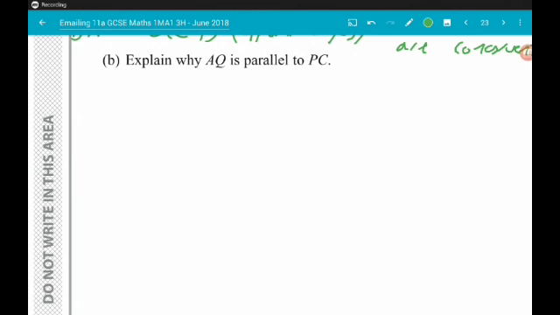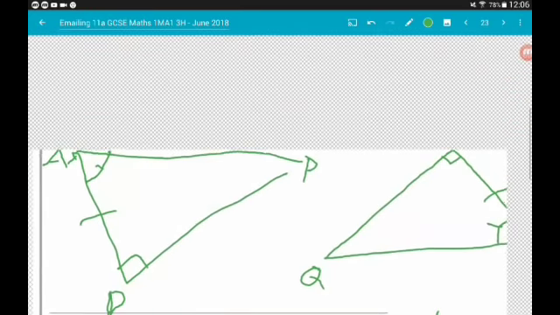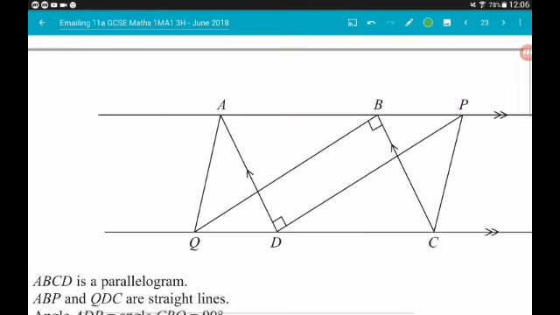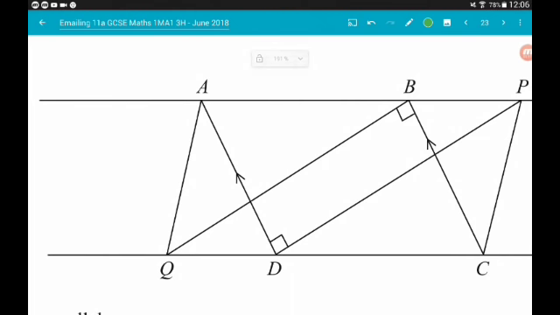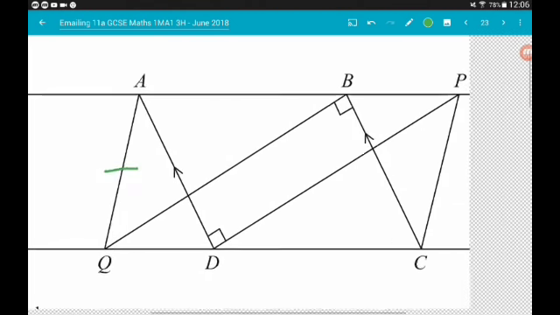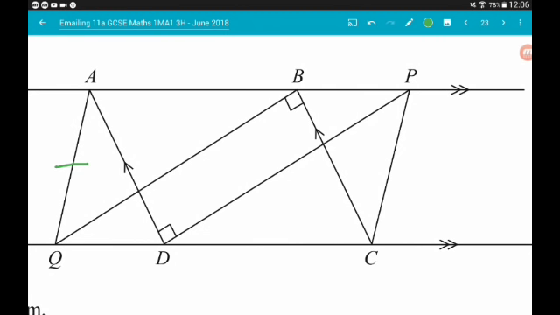Okay, and then the final part wants us to explain why AQ is parallel to PC. So, we want to work out or explain why AQ, this guy, is parallel to this guy.